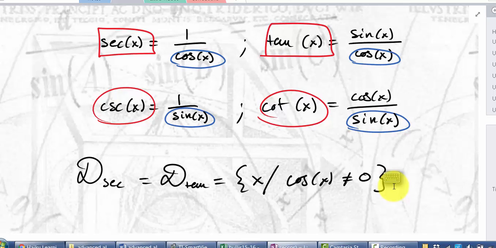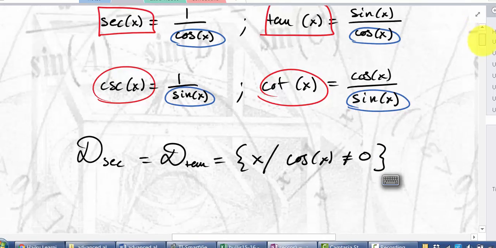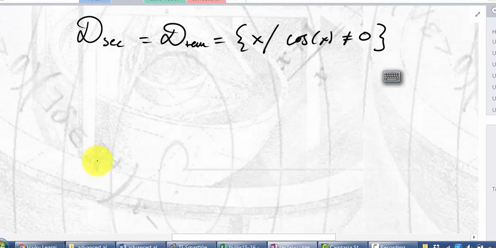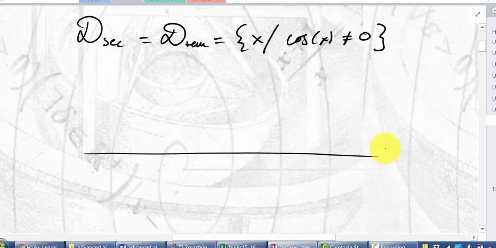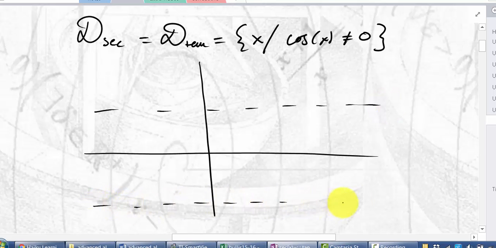Okay, so let's look at it graphically. You will see it's very easy to understand. So what's going on graphically? Here's the x-axis, y-axis, y equals 1, y equals negative 1, pi over 2, pi, 3 pi over 2, 2 pi, and then same on the other side right here.